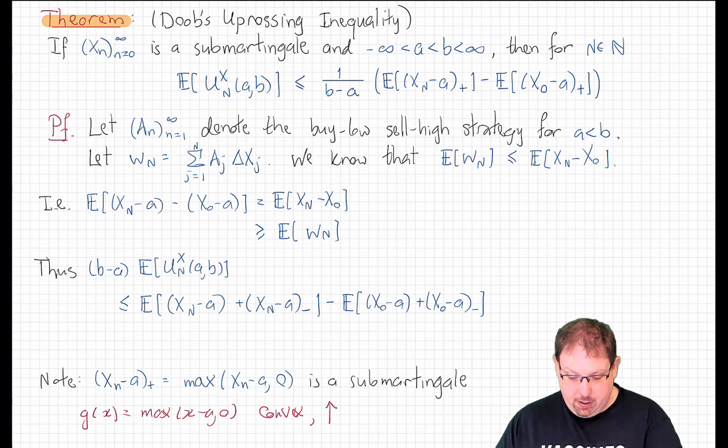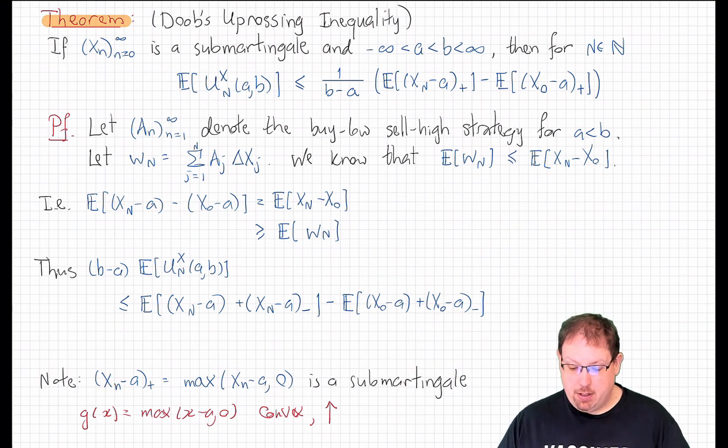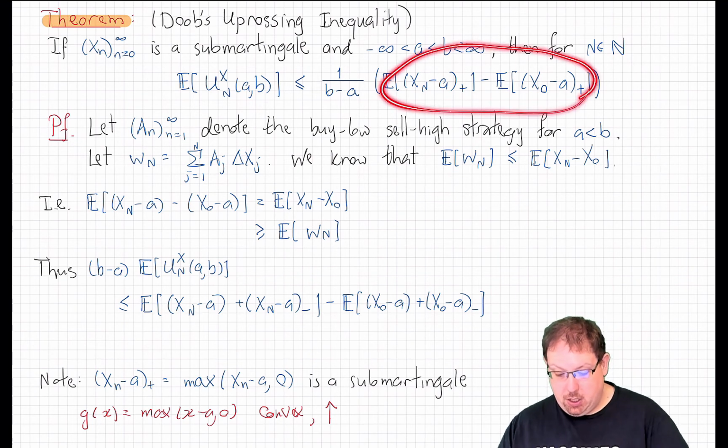And therefore, that function of the submartingale Xn produces a new submartingale, which means that the expected value of that submartingale is non-decreasing, which is exactly to say that this is a non-negative number.